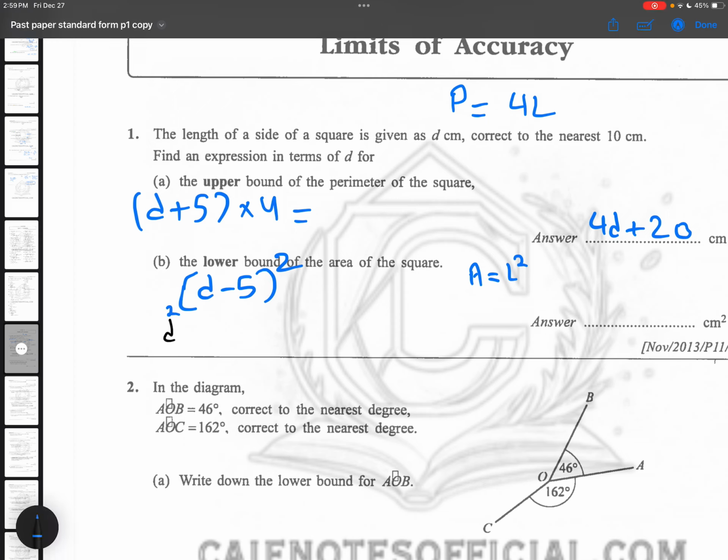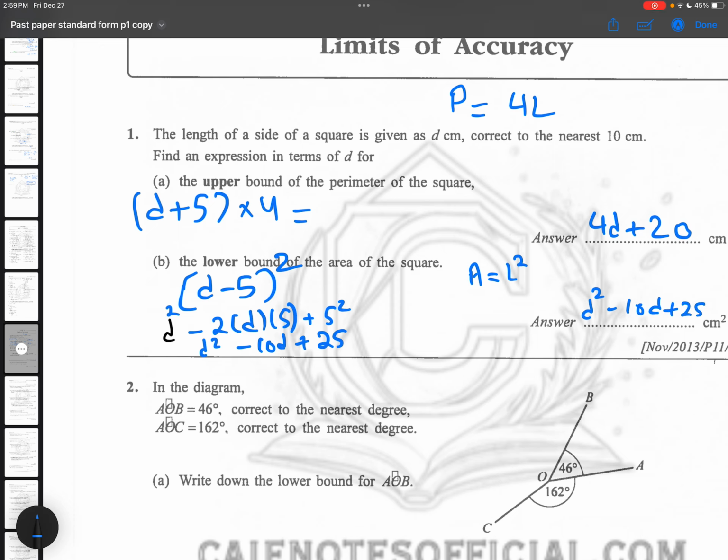It will be equal to d square minus 2ab plus b square, where a is d and b is 5, so plus 5 square. This is equal to d square minus 10d plus 25. So this will be my answer, d square minus 10d plus 25.